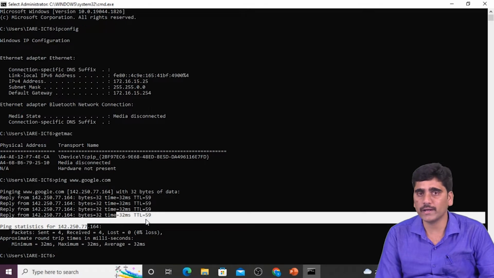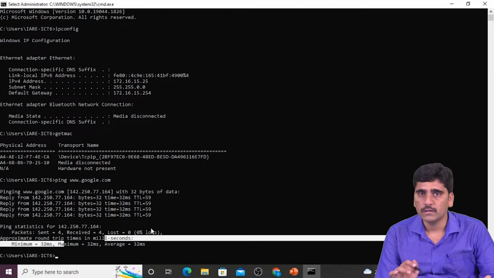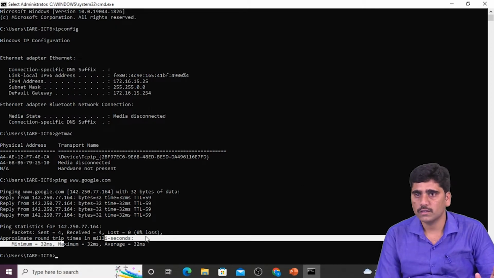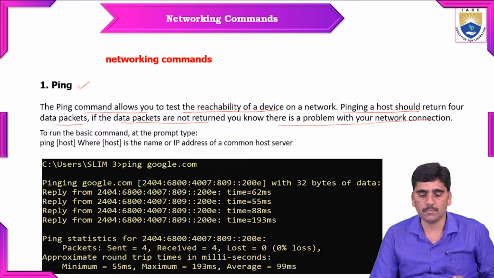That means no packets were lost during the transmission. The approximate round trip time in milliseconds is minimum 32, maximum 32, and average 32 milliseconds. This is how you can understand the ping command.